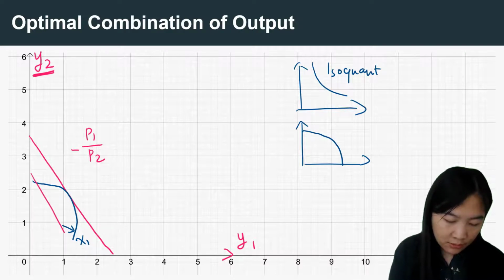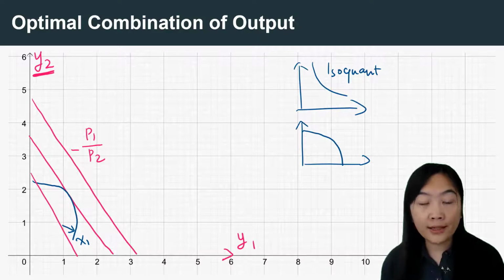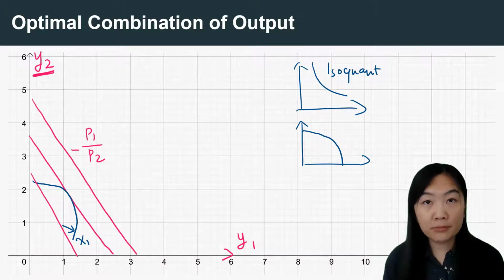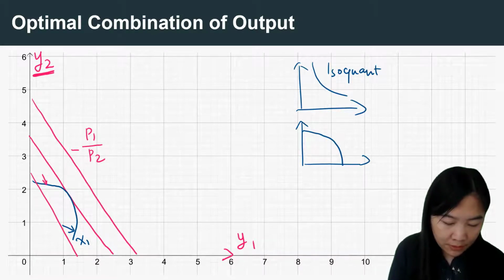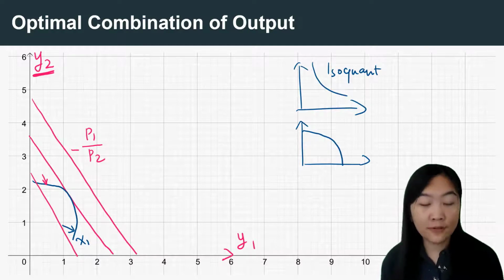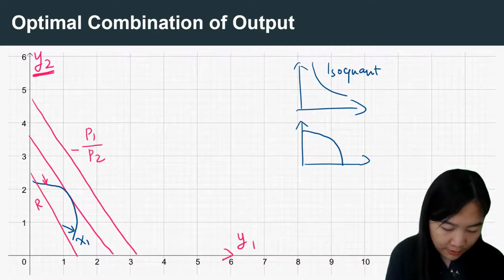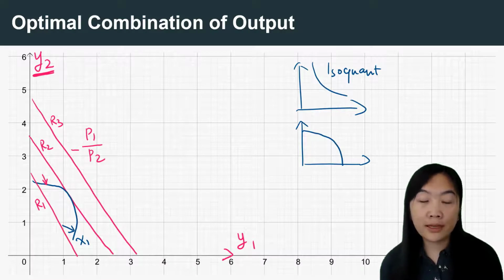So assume there are multiple iso-revenue lines. The producer wants to get maximum revenue while at the same time it's feasible to produce with this level of input. So let's say this is revenue 1, this is revenue 2, and this is revenue 3. So there are three revenues there.